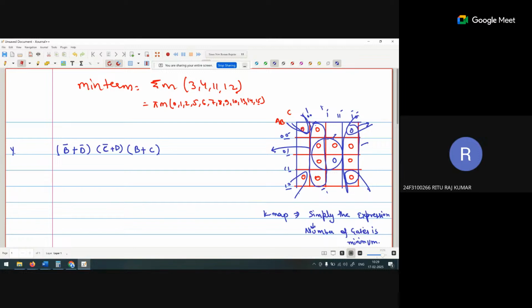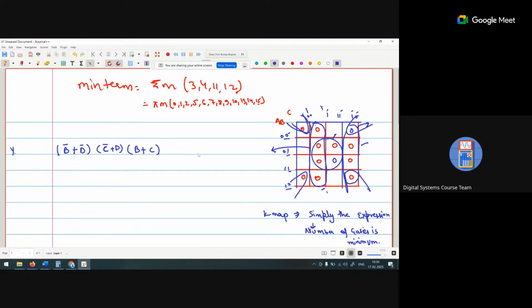But in the exam, suppose I forget to take that group, then somehow I reach that answer or not. My doubt is... you can do it by Excel. For example, if you want to verify with the K-map, I just create this loop.